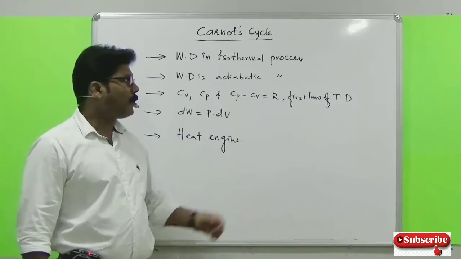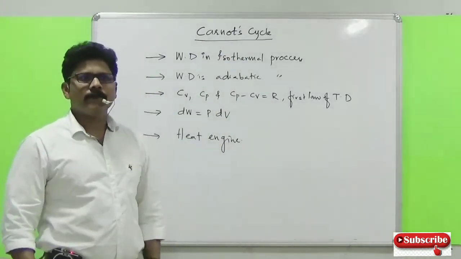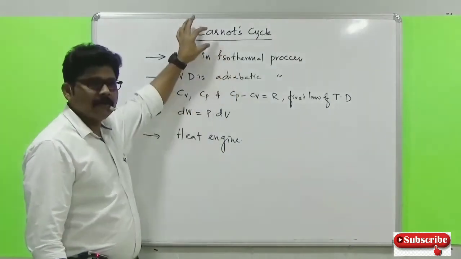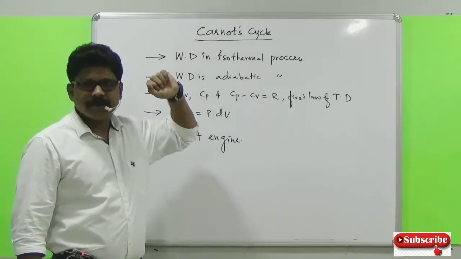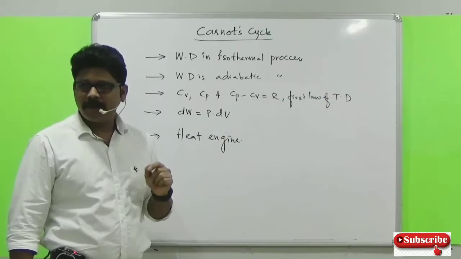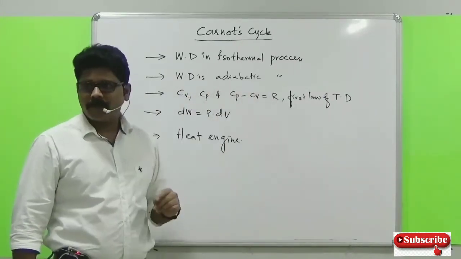So to discuss the Carnot cycle. The Carnot cycle is taught at the end of thermodynamics. What we require to learn this Carnot cycle: first, work done in an isothermal process, number one. Number two is work done in an adiabatic process.